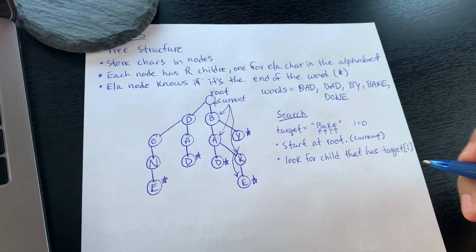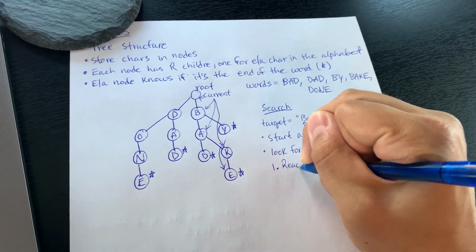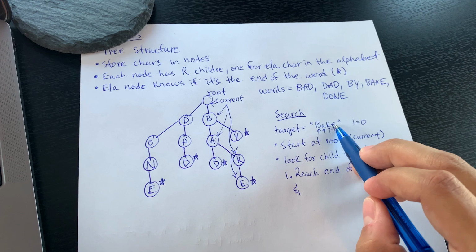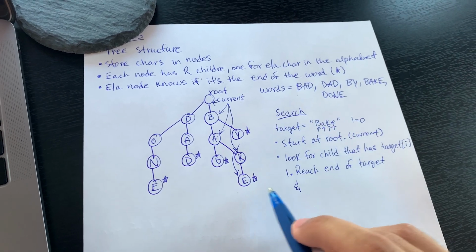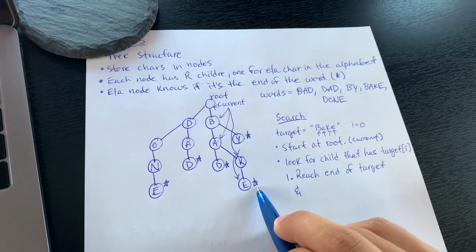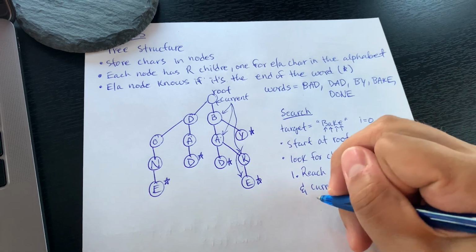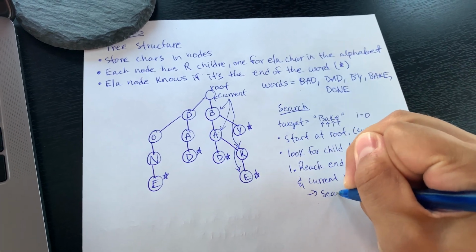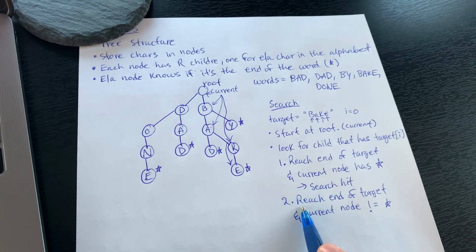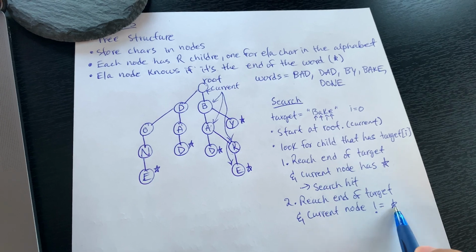Now at the end, one of three things can happen. One, we reach the end of the target word, in our case E, and the current node contains a star, which means it's the end of the word. So that means we have a search hit. The second outcome that can happen is we reach the end of the target, which is E, and the current node we're at does not have a star.